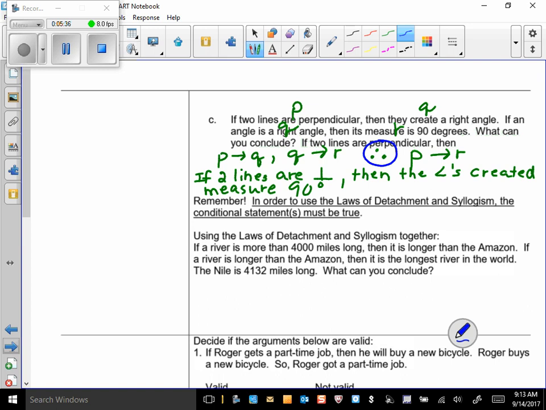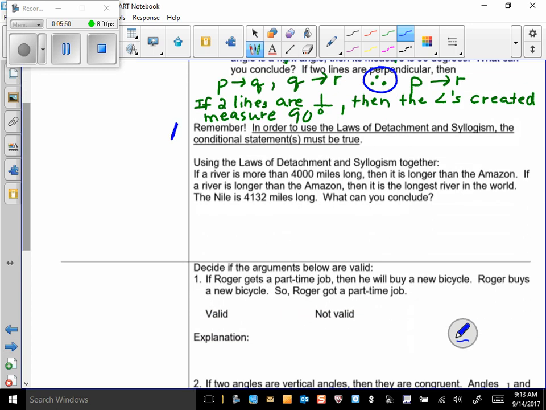You'll see that a lot in your math classes, so get used to that, therefore. So what we can conclude is if P then R: if two lines are perpendicular, then the angles created measure 90 degrees. Okay, and I put something for you to remember here. In order to use either of these laws, the conditional statements have to be true.